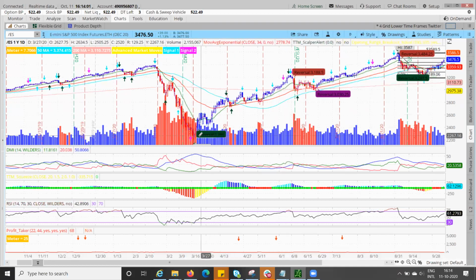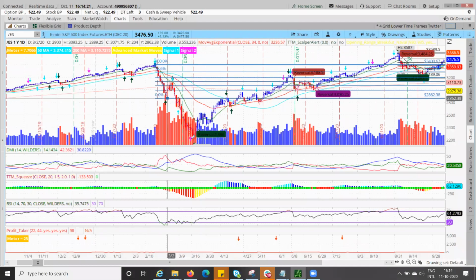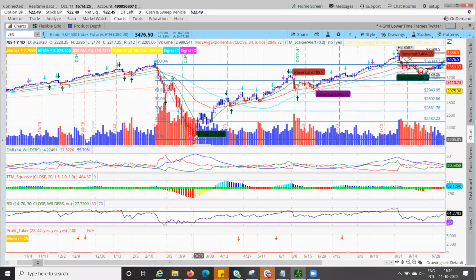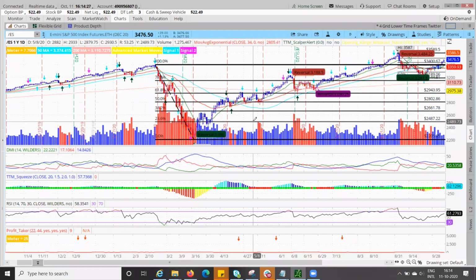Now, if you draw a Fibonacci retracement from here to here, you will see that all these levels, let me just draw that. It was 3,400 something here, and 2176, 2200.